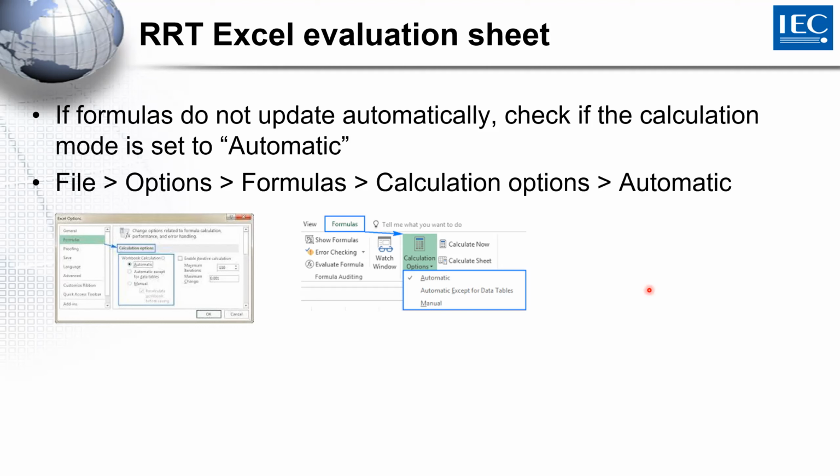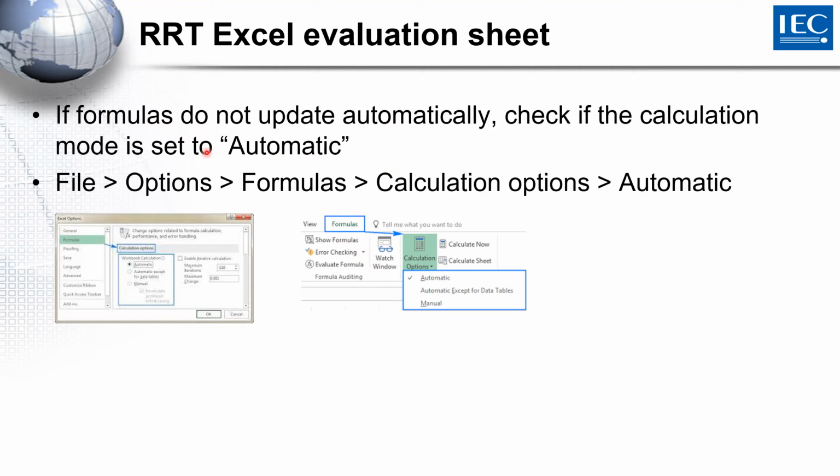most problems, or sometimes we have the problem if you use this Excel sheet, that formulas or some cells or values do not update automatically. The reason is that someone has saved this file where the calculation options are set to manual.